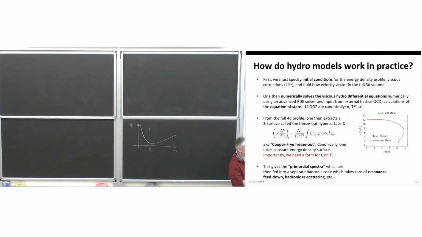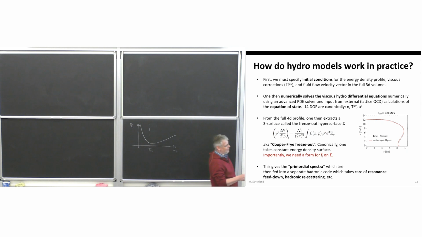So you can then find a surface, and then you integrate the viscous corrected one particle distribution function on that hypersurface, and that tells you the number of particles produced. Now, people tried different things, isochronous, proper time, there's various different prescriptions, but this is the one that people frequently use. There's other ones, I won't go into them.